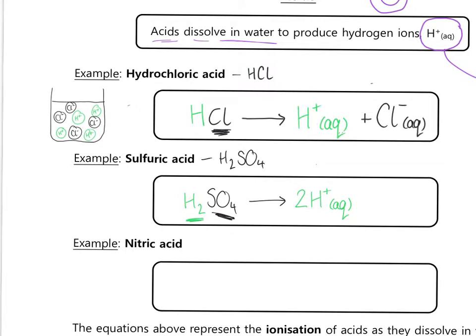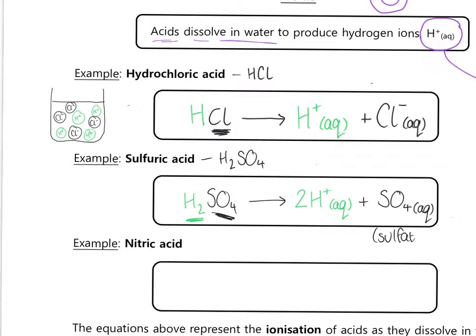Then if we think what we're left with, SO4. And what we'll come to learn is that sulfuric acid forms sulfate salts. And you should be familiar with that formula anyway. You should recognise it as SO4 is what we're left with. It's dissolved in water, so it's aq. And again, there's a couple of ways of doing this. First of all, you could think that this is a sulfate ion.